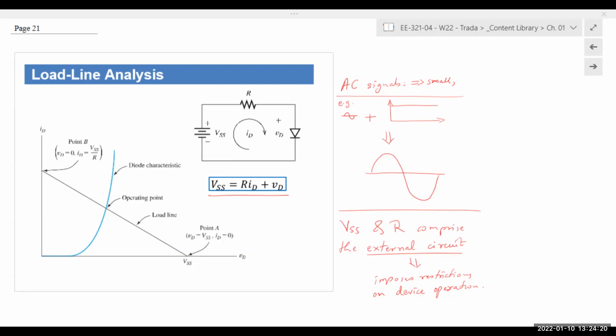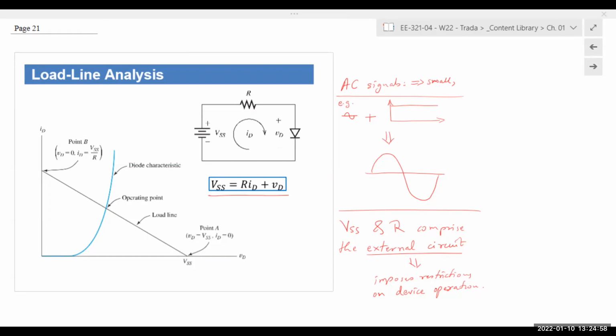The way we find the two endpoints is basically by substituting. Now we've got two unknowns, right? So to find the two endpoints of this line, the only thing we can do is find the value of ID and VD when the other quantity is 0, right? Because ID and VD are unknown. VSS is known because it's a voltage supply. R value will also be known because that's a resistor that we're going to choose. So the only way to plot it is by substituting VD or ID equal to 0, because at some point they will be 0.